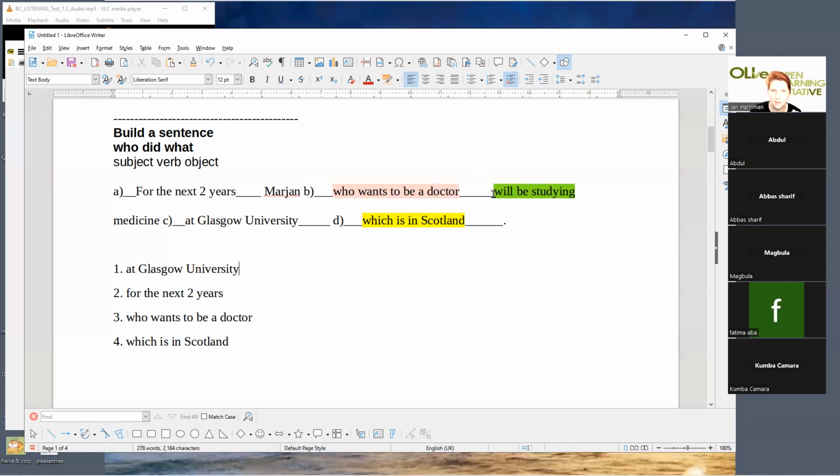If we didn't have will be studying, if it was only for the next 2 years, Marjan, who wants to be a doctor, medicine at Glasgow University, which is in Scotland, we don't have an active verb in that sentence because each of the other verbs are inside a clause. If it's inside a clause, it's not active.